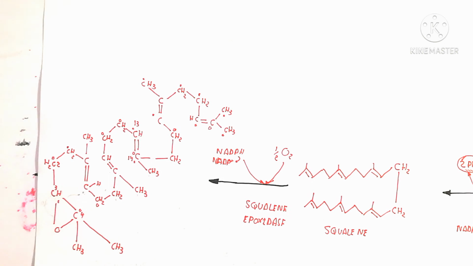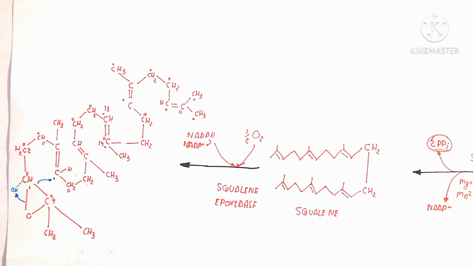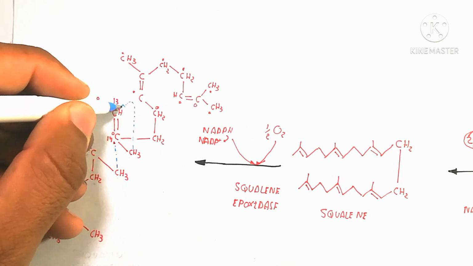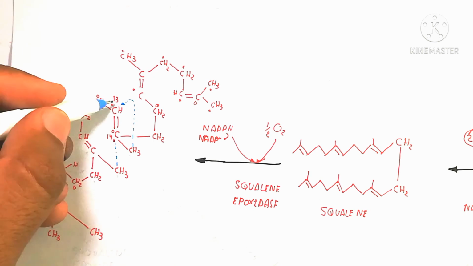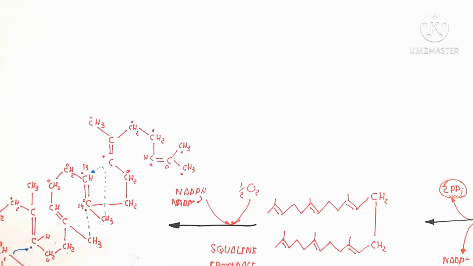So the squalene epoxide is structured like this, and the carbon is rearranged from here, and that rearrangement is at carbon number 4, which attaches to become a ring formation. So here carbon number 13 is attached by the methyl group to form a ring structure, and carbon number 14 is attached.